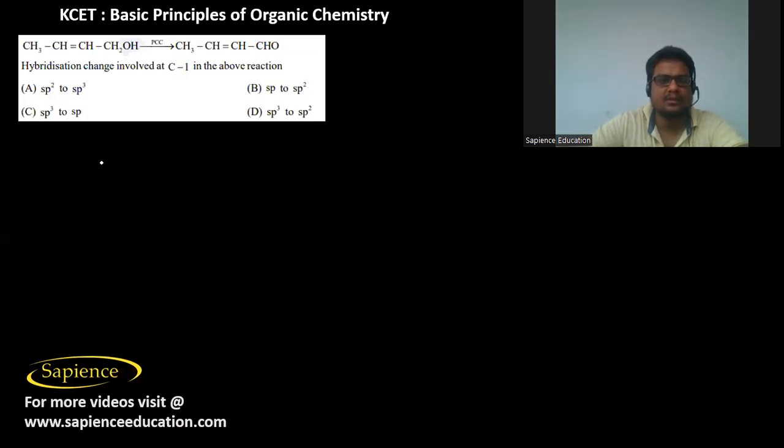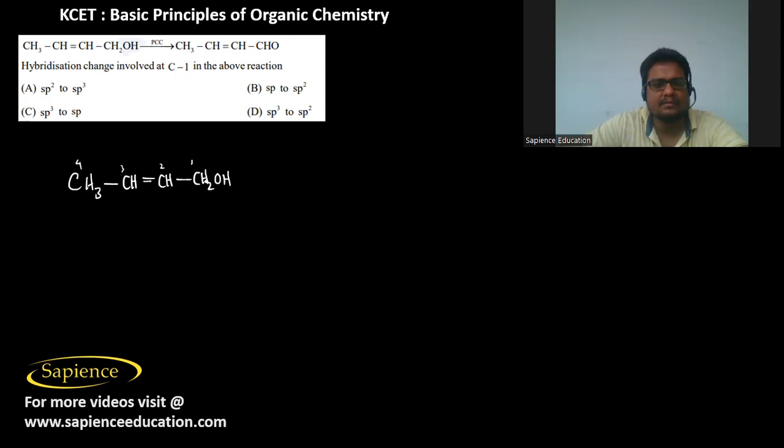Then here it is told: the hybridization change involved at C1 in the above reaction, in carbon number 1. So CH3 links with CH, double bond CH, then CH2OH. So here the first carbon is 1, 2, 3, 4.